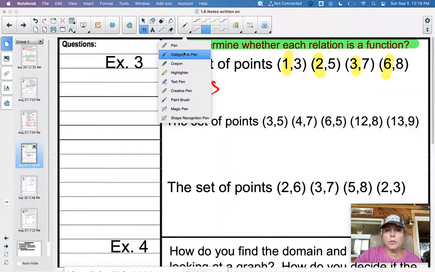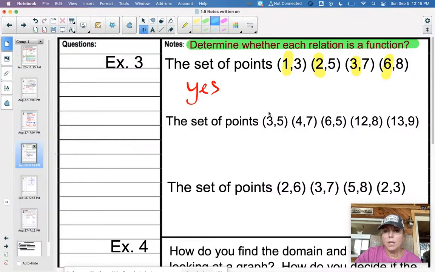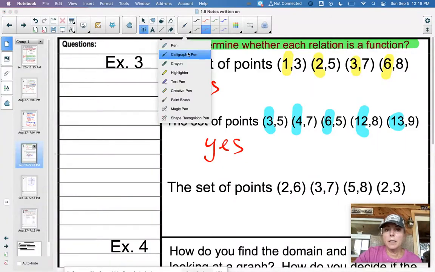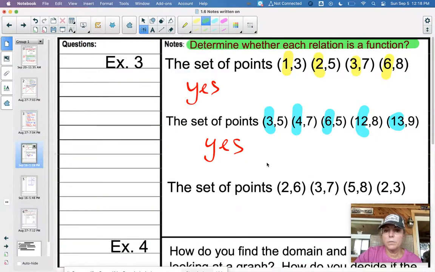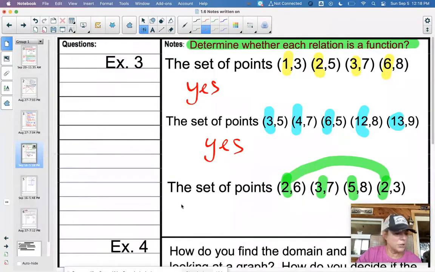Let's look at the next group. 4, 6, 12, and 13. They don't repeat either. And let's look at this one. 2, 3, 5, 2. Oop, they repeated. The answer is no, not a function.